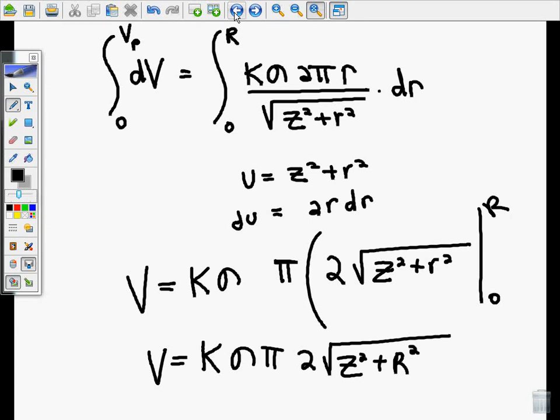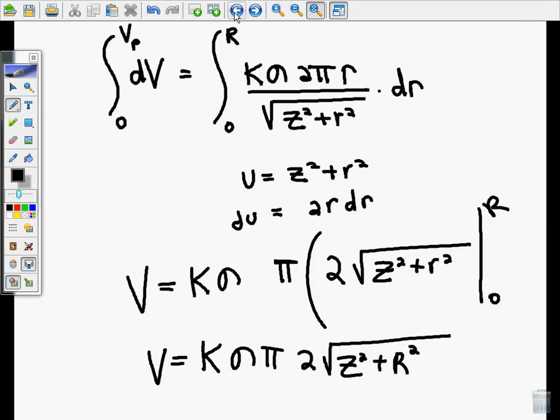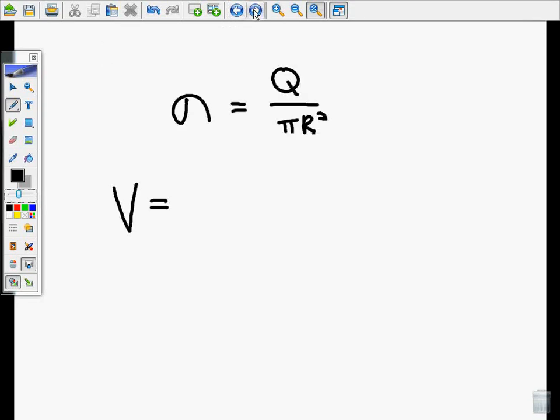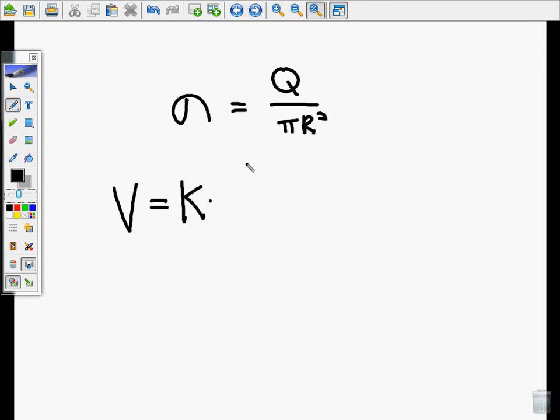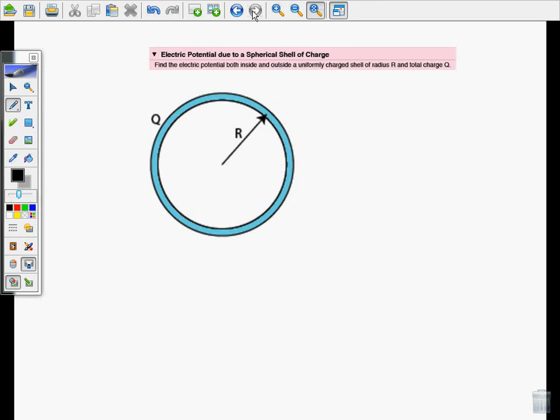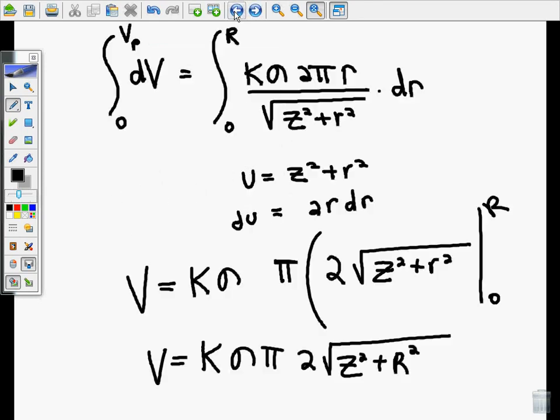I'm going to finish this problem. It's the last thing I do. V equals k sigma, but for sigma, I'm putting in Q over pi R squared, times pi.